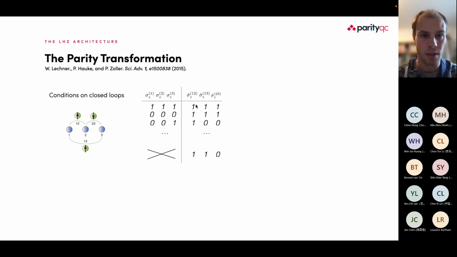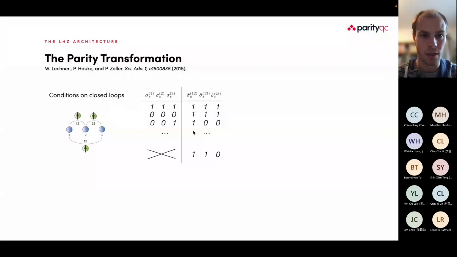So, for example, here we say 1-2 are parallelly aligned, same for 1-3, same for 2-3, which means, of course, that all are parallelly aligned. And this is true for the two cases if all spins are up or all spins are down. So there is a global spin flip degeneracy, but this does not matter because this is anyway lifted if there would be local fields on the qubits.